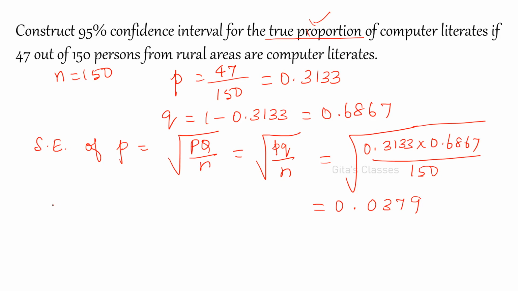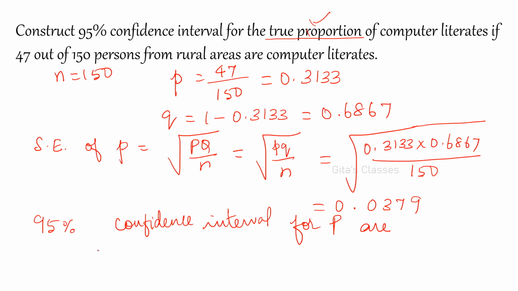Now the 95% confidence interval for capital P is, or values you can write, small p minus 1.96 into standard error, and small p plus 1.96 into standard error. 95% means 1.96, this also you have to remember. The standard error we have just calculated.